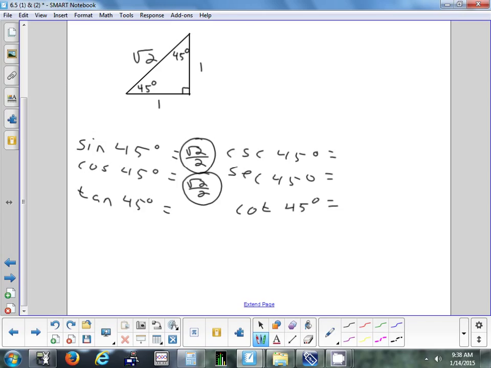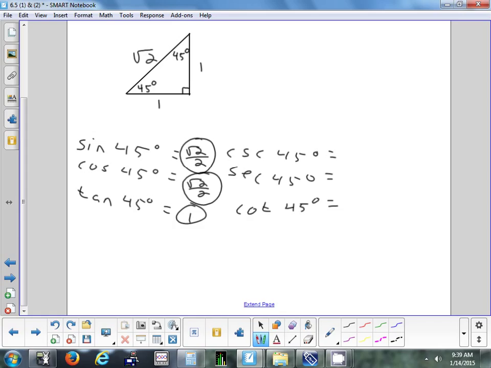So what's our definition for tangent? Opposite over adjacent. So what's the side opposite 45? 1. What's the side adjacent to 45? 1. So when you divide, what do you get? 1.